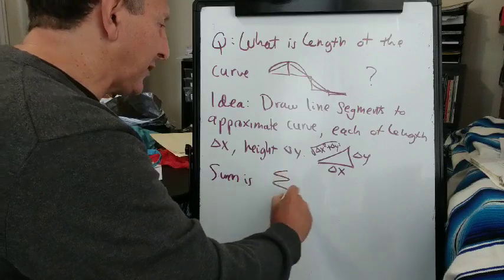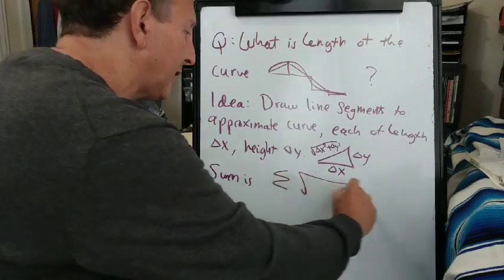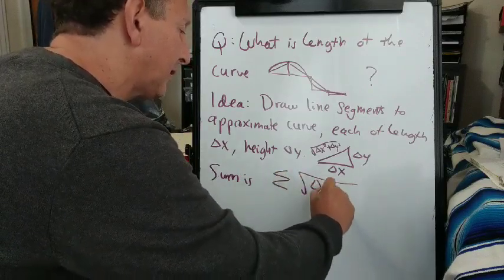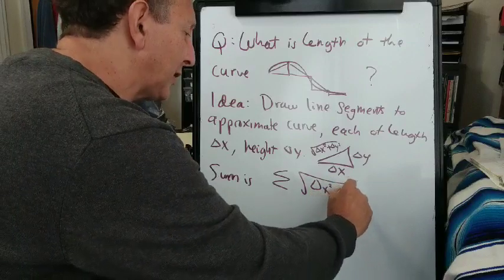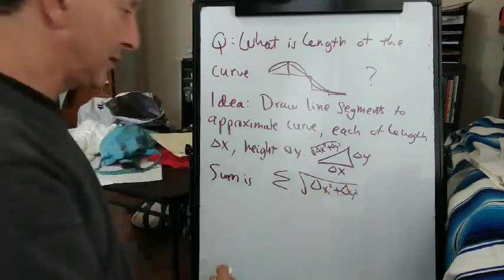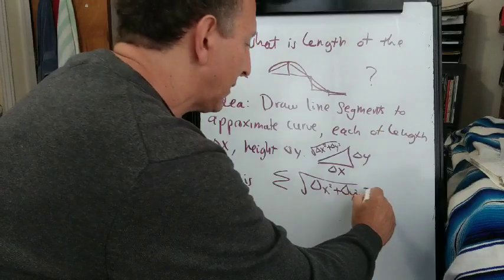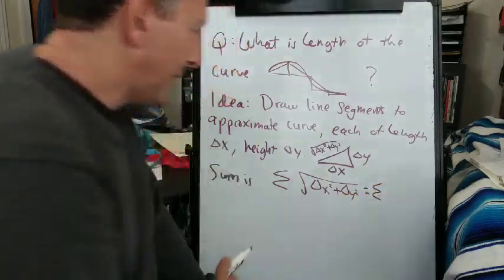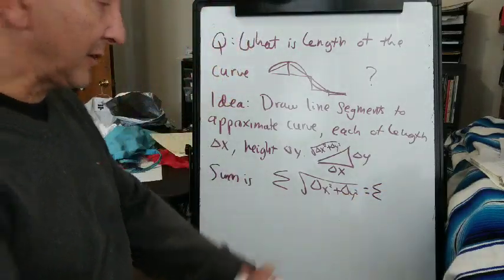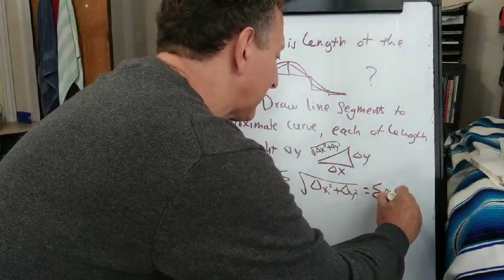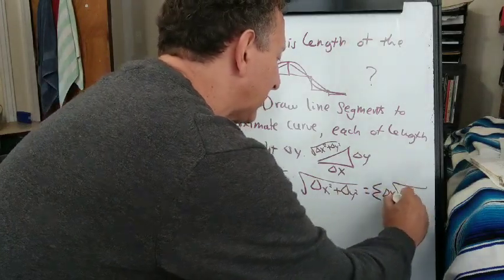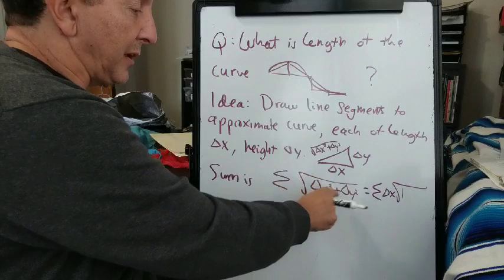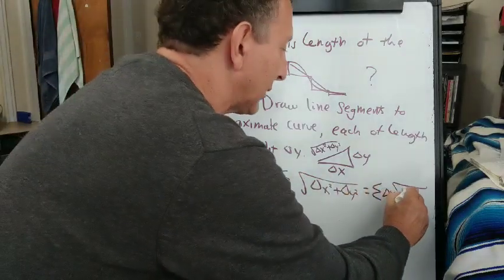So the sum is something like the sum of square root of delta x squared plus delta y squared. And if we factor a delta x out of this, then it looks like the square root of 1 plus delta y squared over delta x squared.